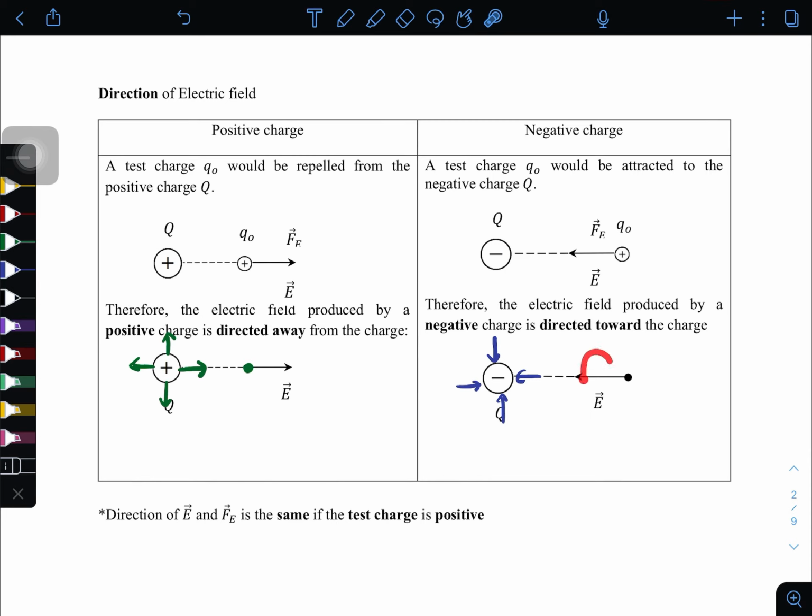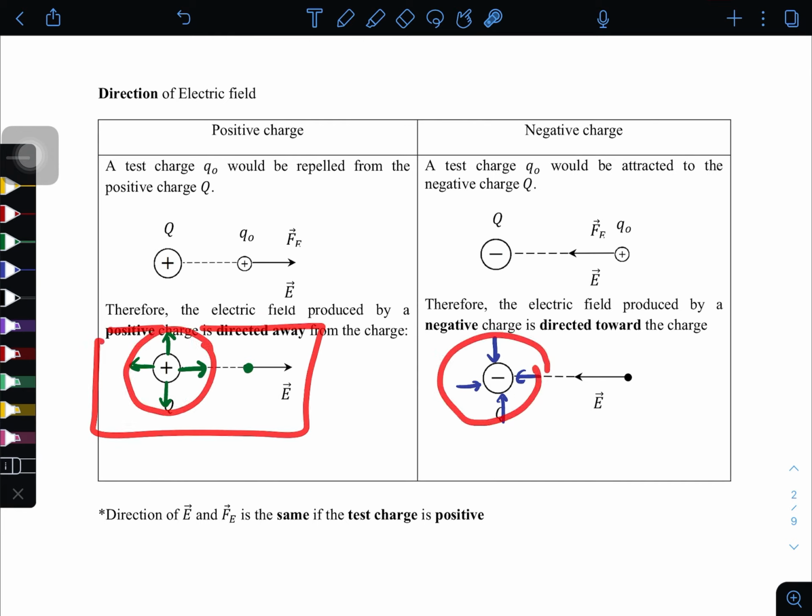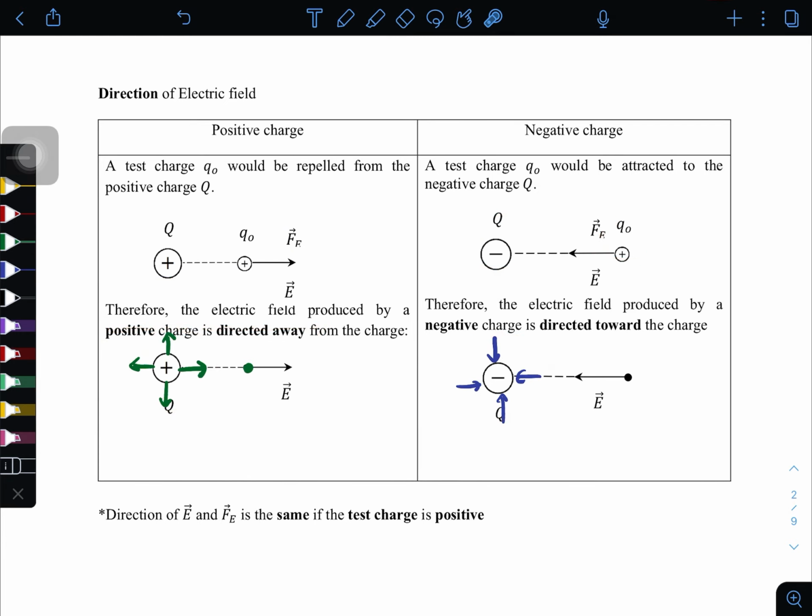So the point here has no charge. It depends on the point charge here. This one goes in, so here it will go to the left. That's why it says that electric field depends on one charge only, but electric force depends on two charges, the two charges that we learned in the previous video.